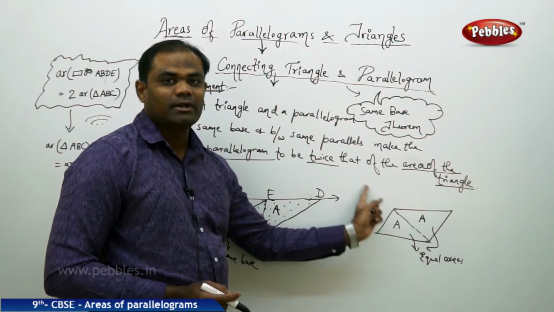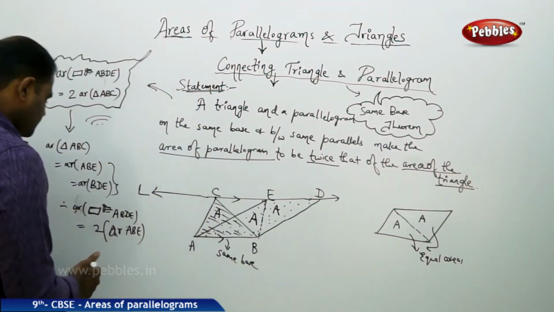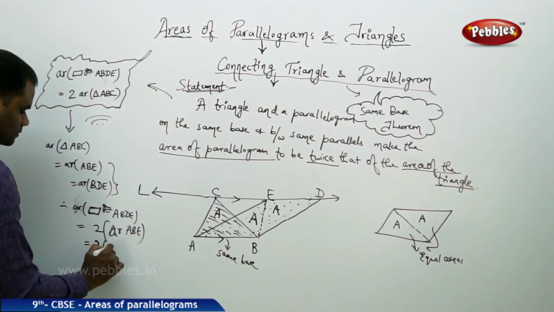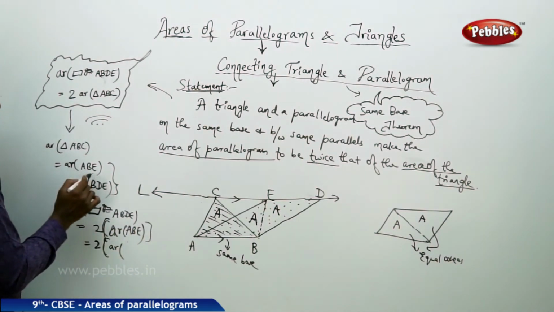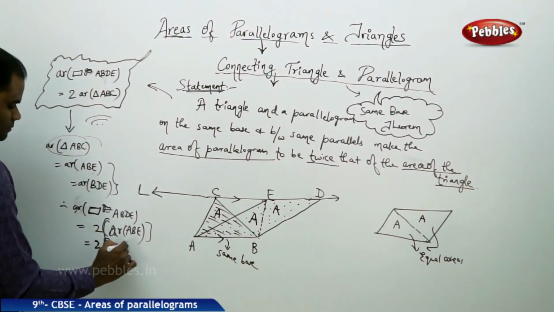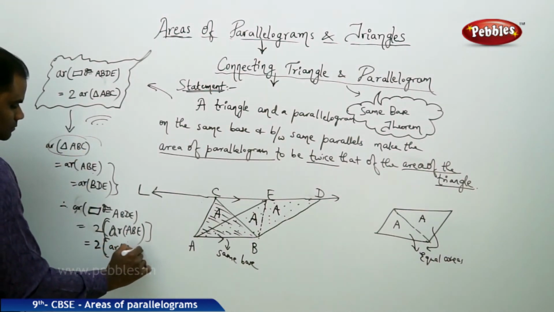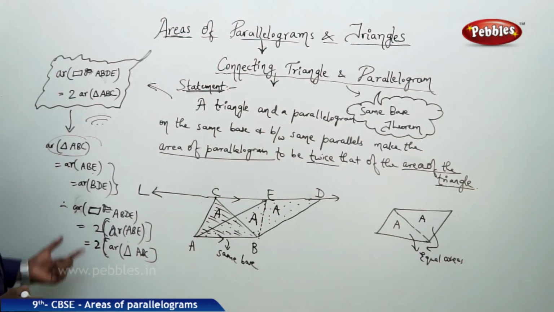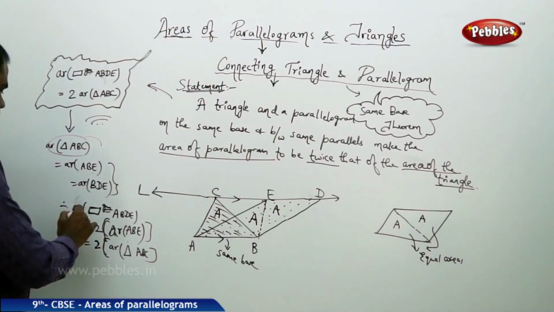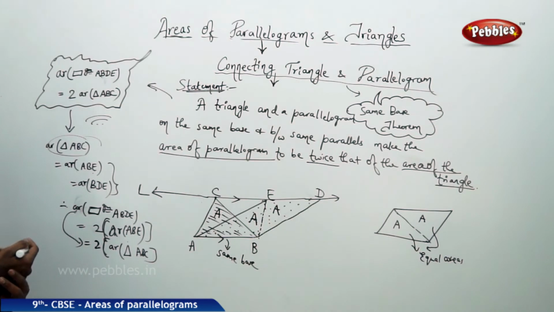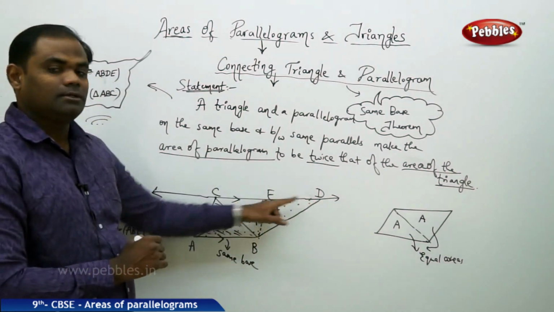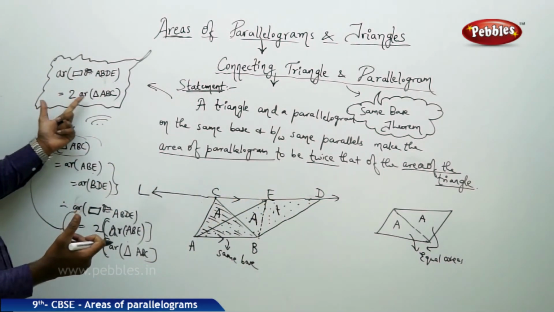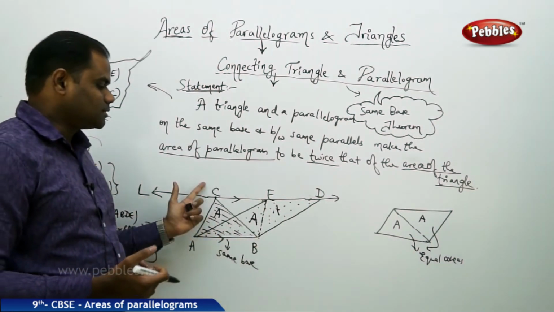These two areas divided by the diagonal are equal, which is nothing but 2 times the area of ABE, which is equal to ABC. Therefore, the area of parallelogram ABDE is equal to twice the area of triangle ABC. That is, the area of parallelogram ABDE is double the area of triangle ABC.